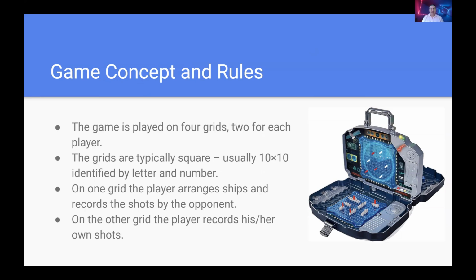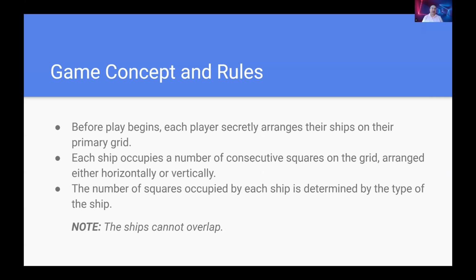The game itself is played on four grids, two for each player. The grids are typically square, usually 10 by 10, identified by numbers and letters. On one grid, the player arranges ships and records the shots by the opponent, and on the other one, the player records his or her own shots.